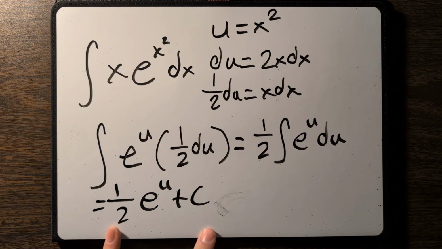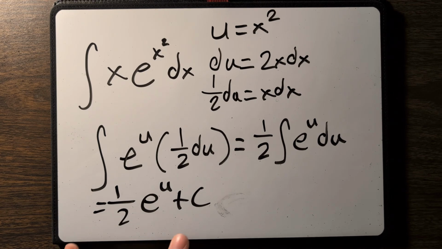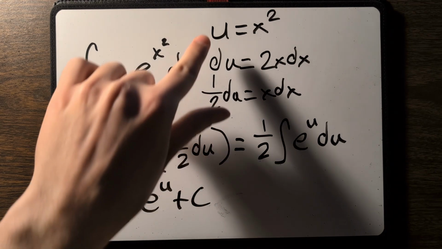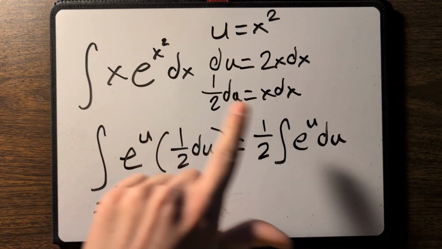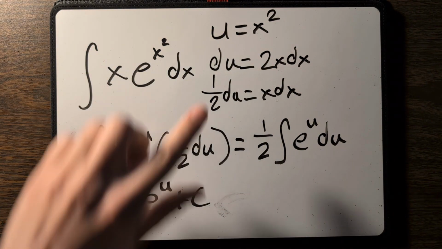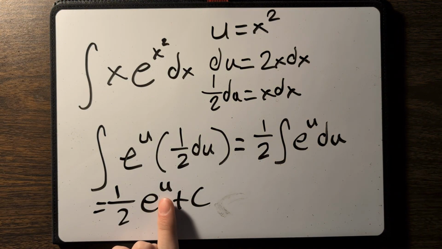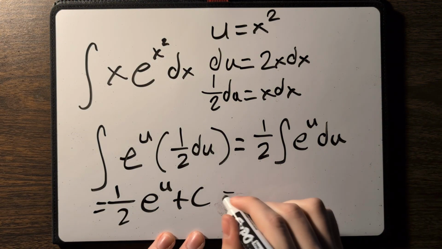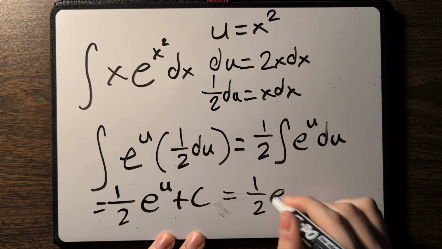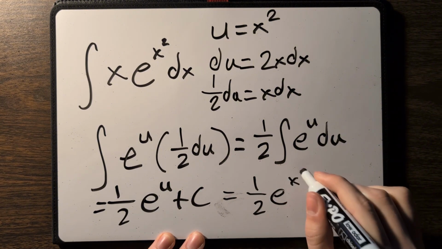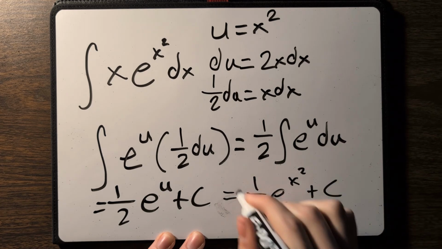Cool. Now we integrated, right, from here to here. Now let's put this back into terms of x using these equations up here. So we see that u equals x squared. We can plug that back into here and say that this is equal to 1/2 e to the x squared plus c.